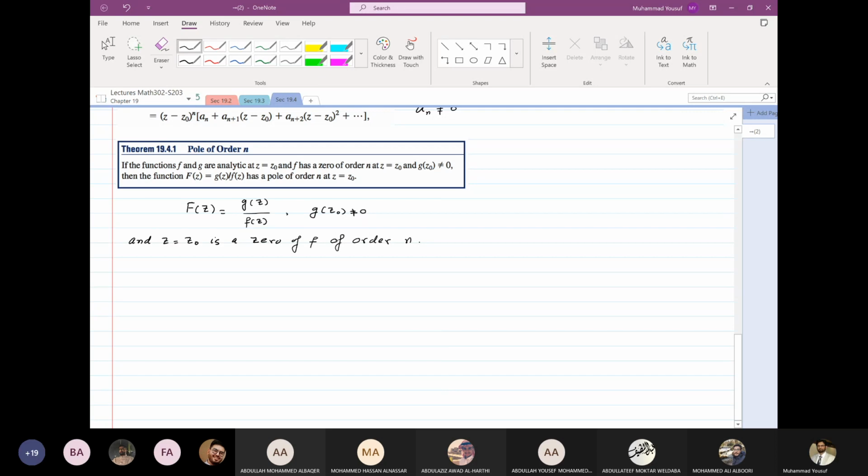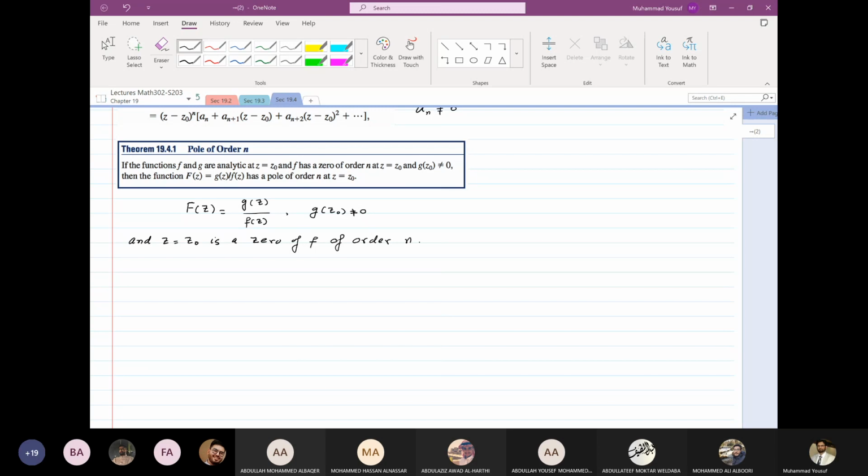Then what is z equal to z naught of capital F of z? It is a pole of capital F of z. It is a pole, that is, 0 of the denominator. Again, 0 of the denominator is a pole of the function.